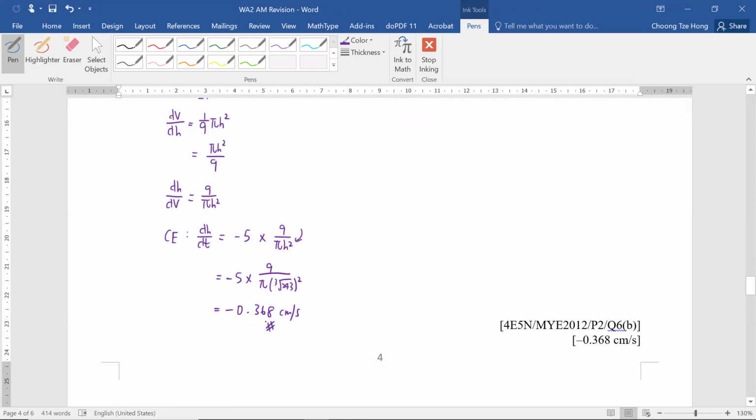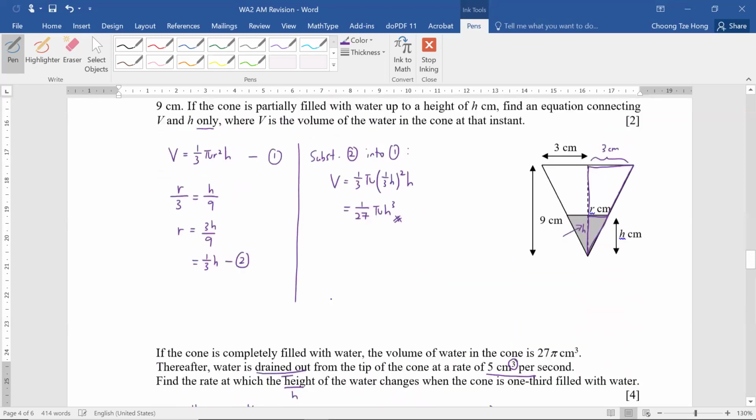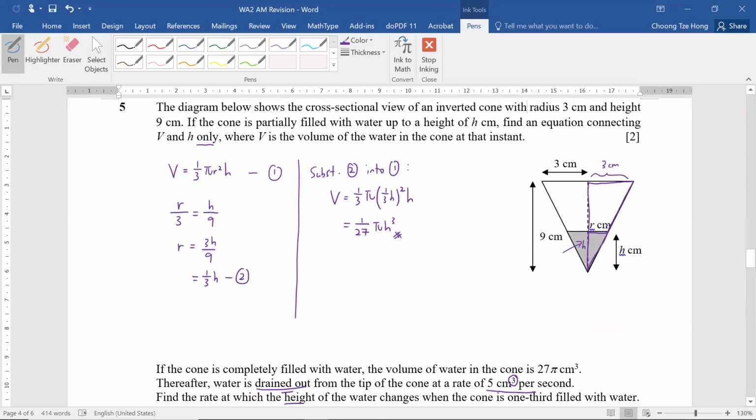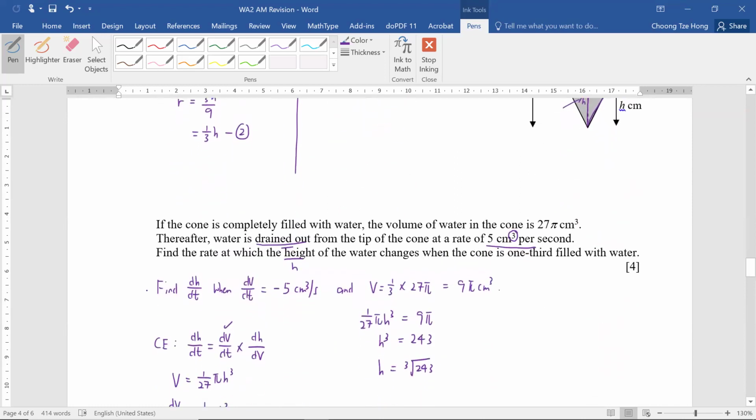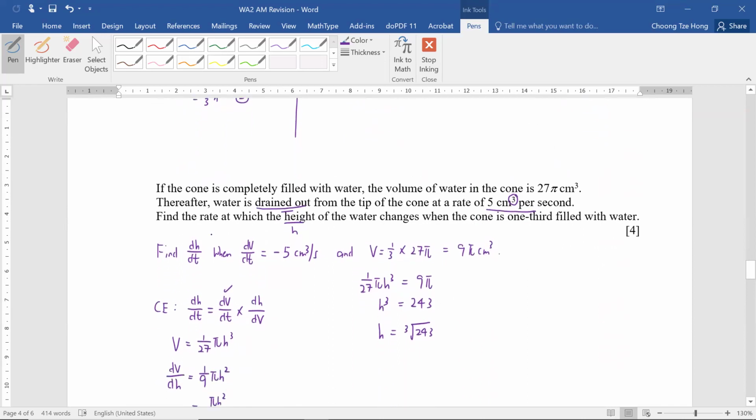Overall, still not too difficult of a question. You just have to remember for the first part, for questions regarding cones like this, you can always use similar triangles to form a relationship between R and H, such that we can substitute one of them away. Then for rate of change questions, always summarize the whole question in one statement. Write down what you want to find and what is the info that you have.